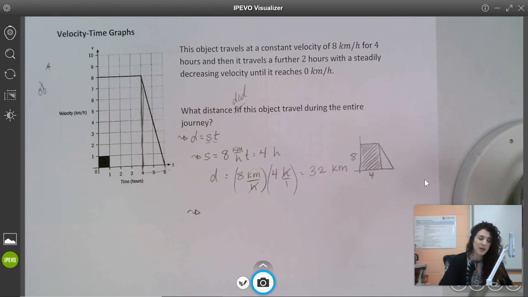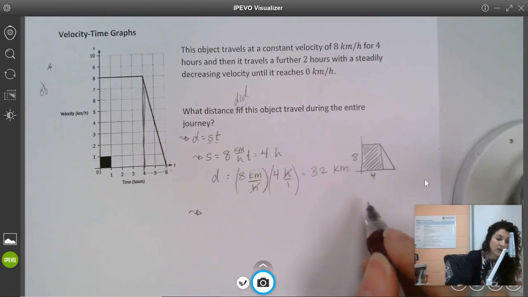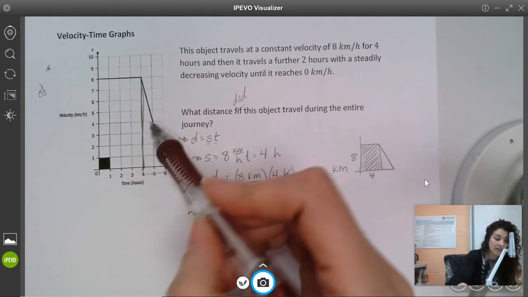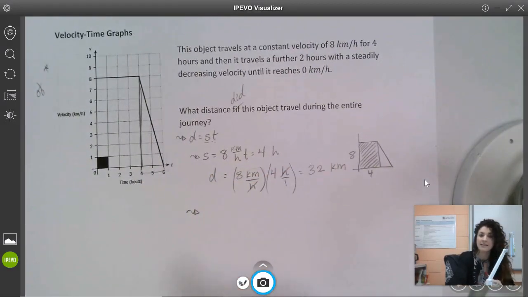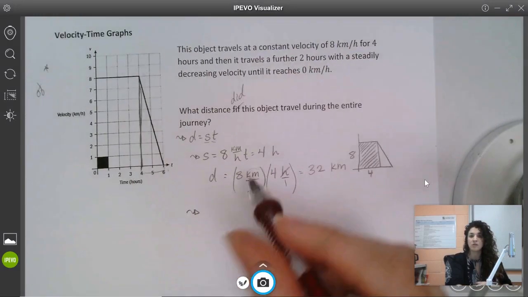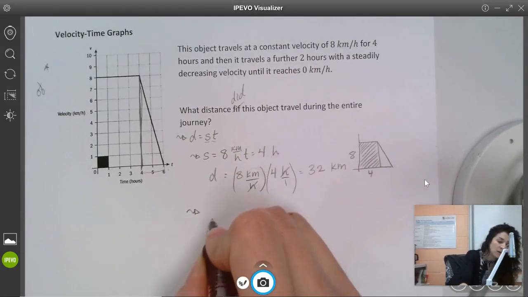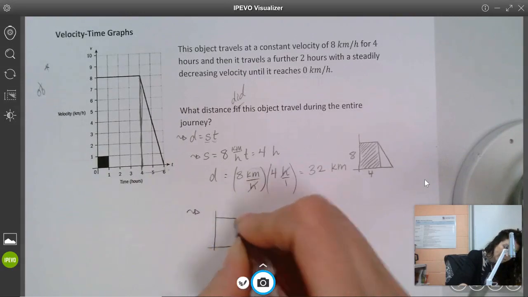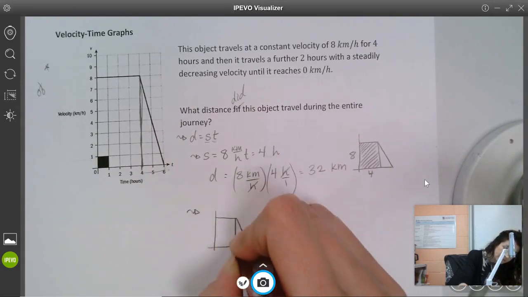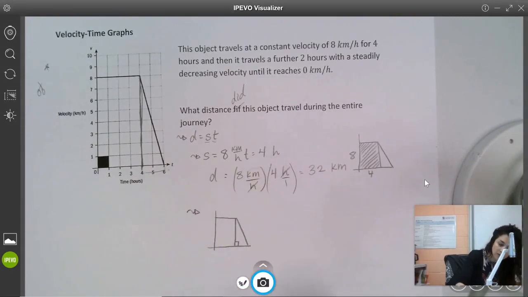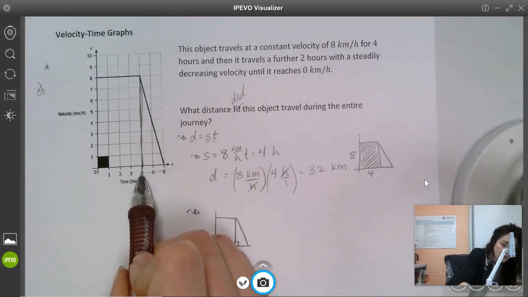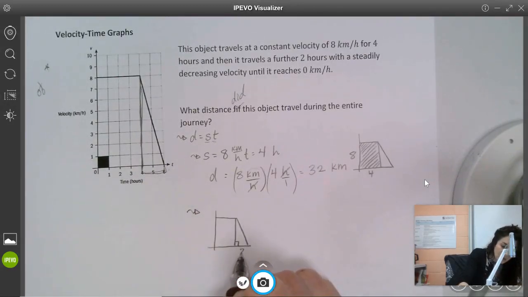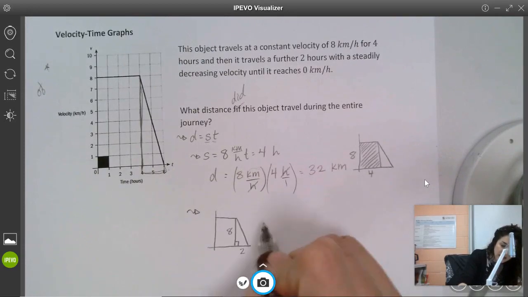And so if we instead focus on this part of our graph as an area, as opposed to this relationship of distance times time, where this is a right angle, the leftover dimension down here is 2, and then it still has a height of 8.